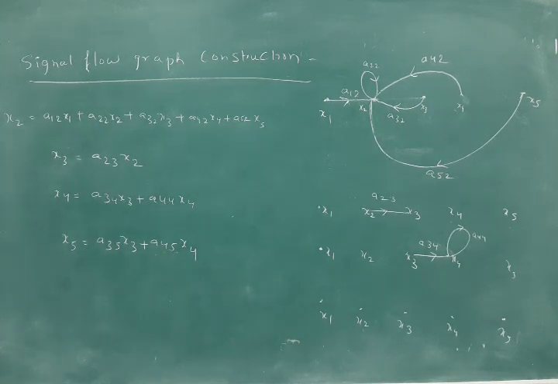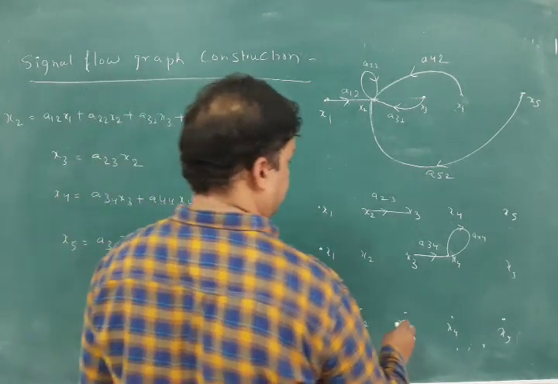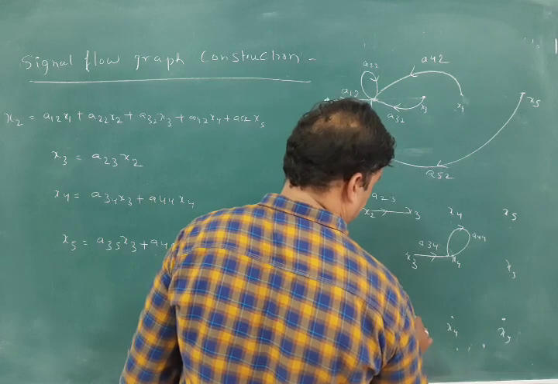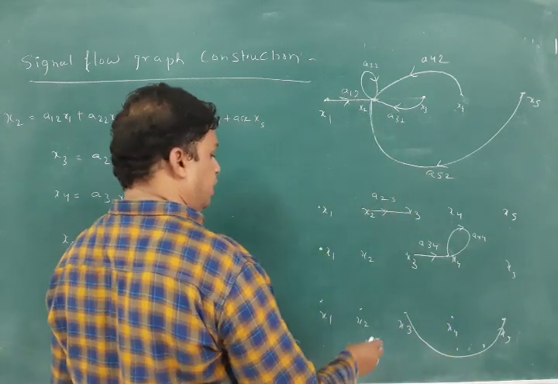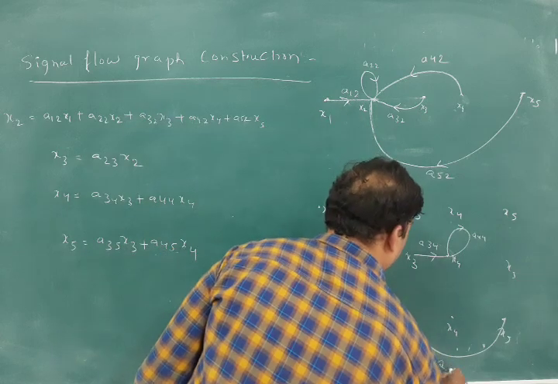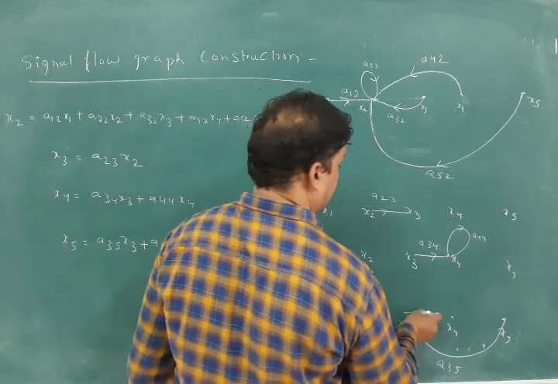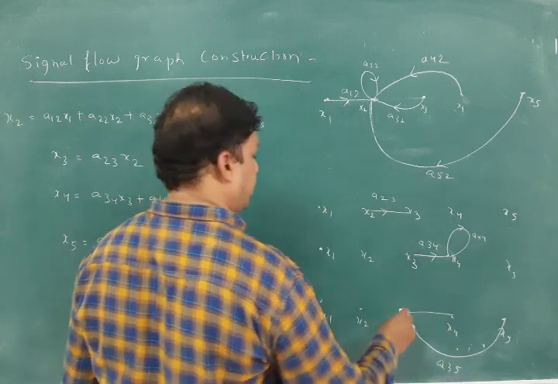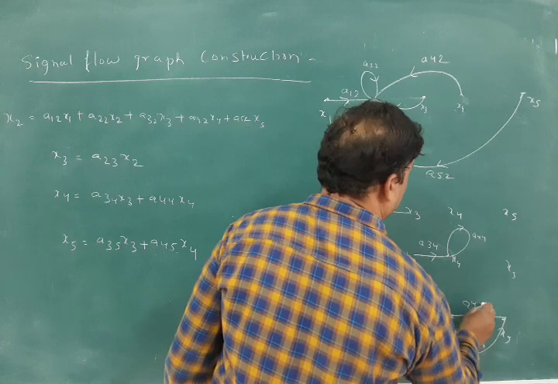We will write that equation, A35 and A45. What is A35? This is A35. As we are having here X4, we will just jump here and go to X5, and this is called A35, and this is called A45. So this is one more signal flow graph.